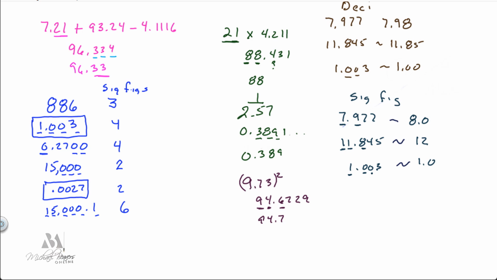All right, I hope you find that helpful. I'll recap really quickly. Anytime we are doing addition and subtraction, we are concerned with decimal places. Anytime we're doing multiplication and division, we are concerned with significant figures.